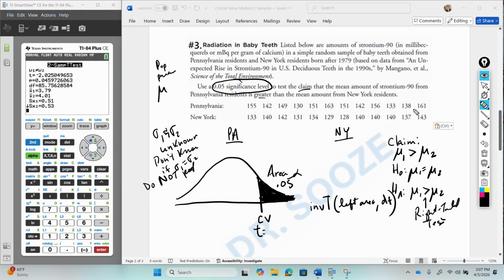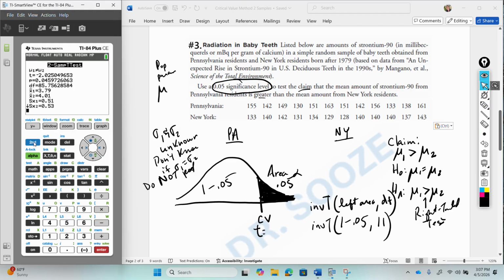Both of these samples have 12 data entries, so the degrees of freedom is going to be 11. And the right area is 0.05. The total area under the curve is 1. I don't even have to calculate that. I can just put it in my calculator like that. It'll do the work for me.